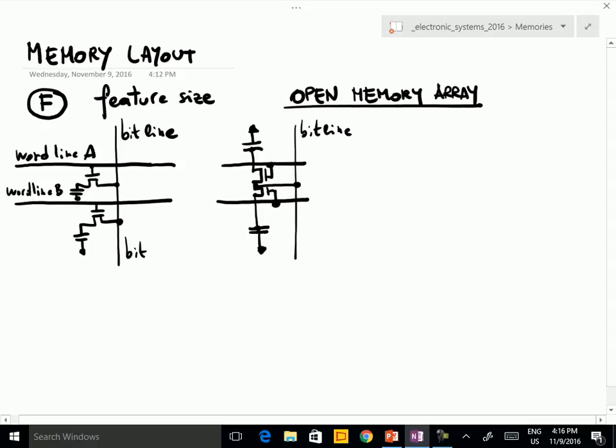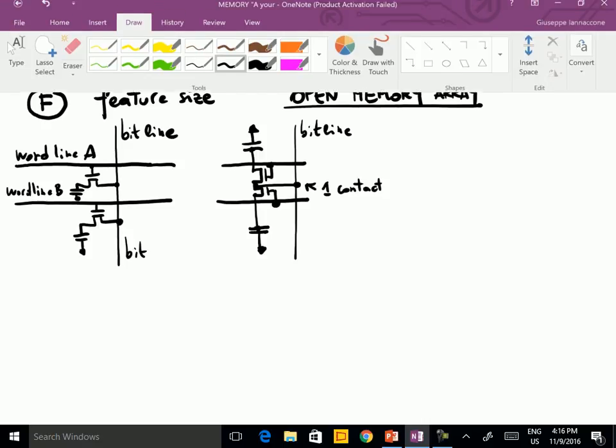You see, this is exactly the same circuit, but the only difference is that we have only one contact. Okay, this is something that simplifies the circuit a bit and makes everything much more compact.